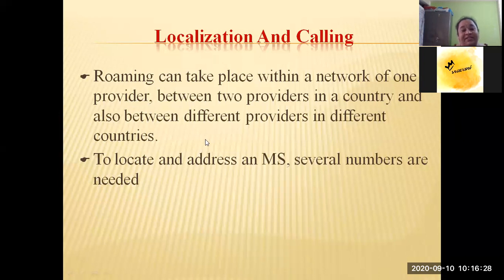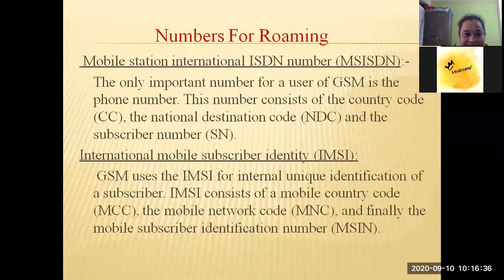And for identifying this localization and the roaming among the mobile stations and between the subscribers, we need certain numbers discussed in the previous class. That is the mobile station international ISDN number, which gives you the country code, national destination code, and the subscriber number.